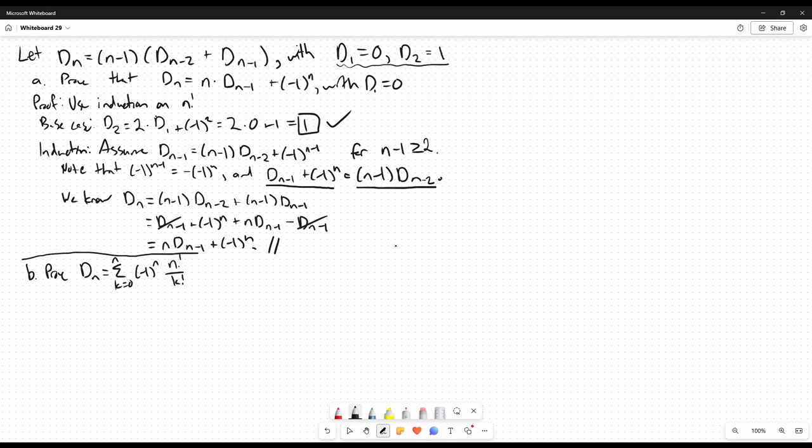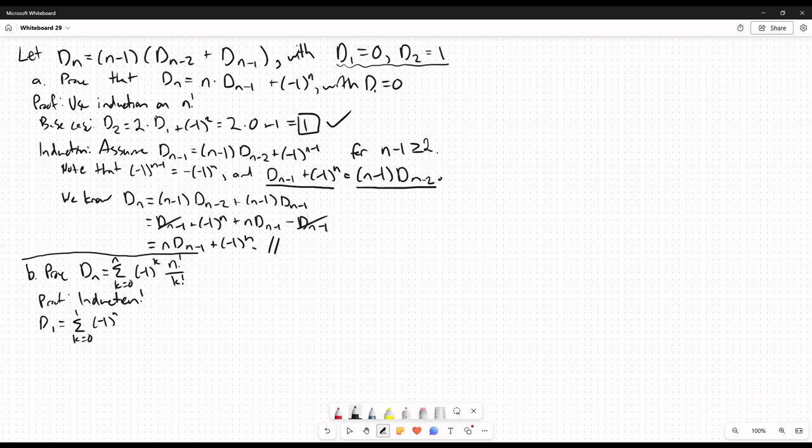We're once again going to need to use induction, but this will be a rather quick induction. So does this work for D1? D1 does in fact equal the sum from k equals 0 to 1 of (-1)^k, that shouldn't be n, that should be a k.